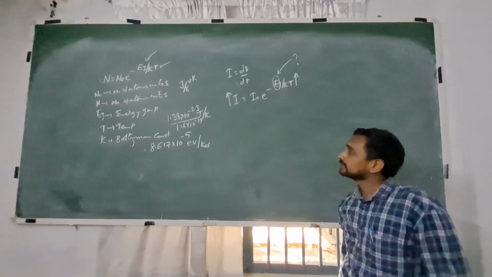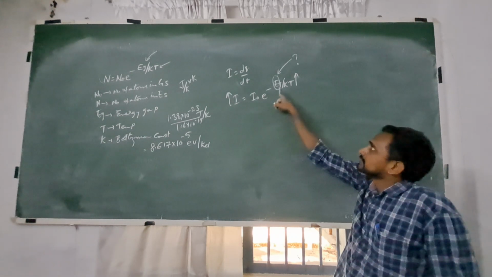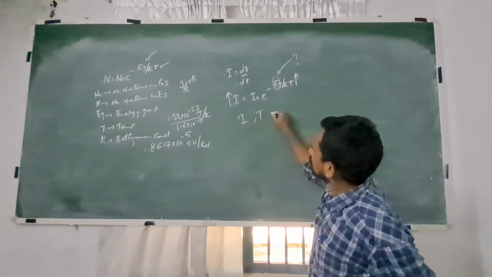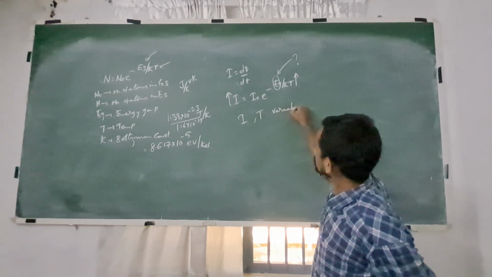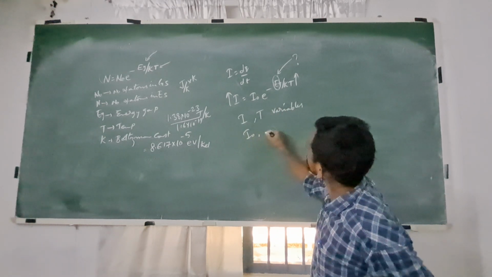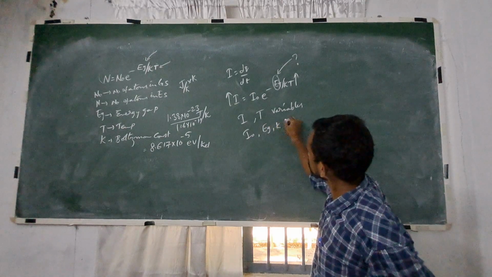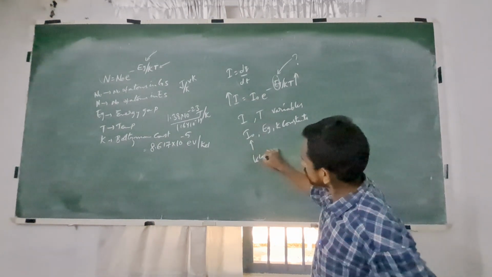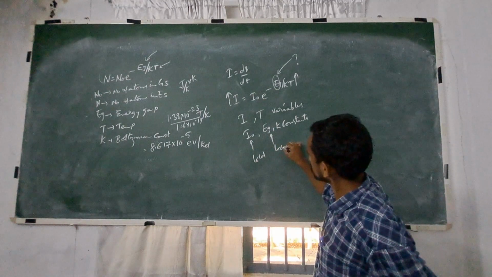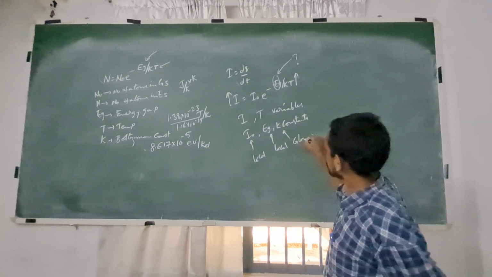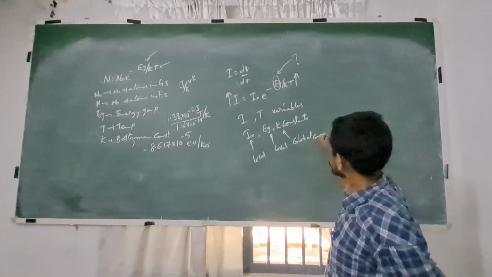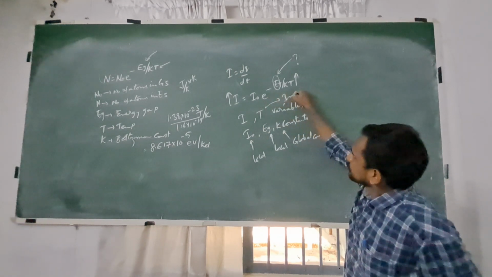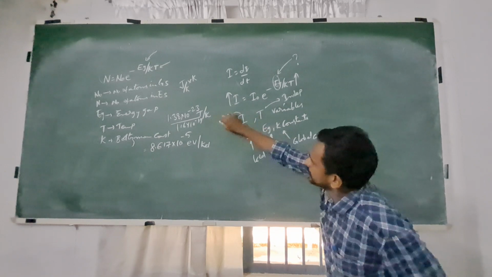Here I naught is a constant, Eg is a constant, K is a constant, I and T are variables. So this is a local constant, this is also a local constant, and this is a global constant. And among the variables, this is the independent variable and this is the dependent one.